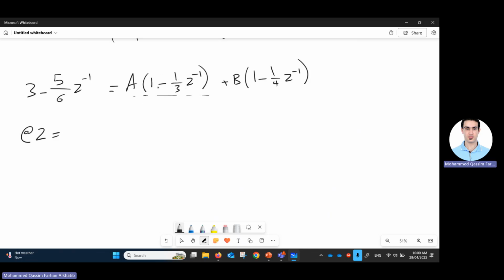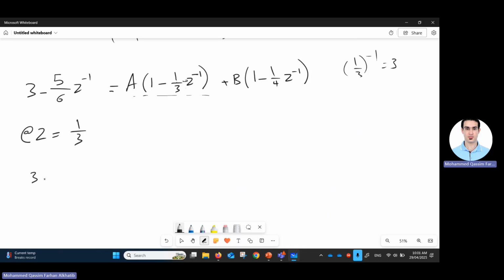Okay, so let's assume 3. 1 minus 1 over 3 times 3 to the negative 1, which is 1 over 3. 1 minus 1 over 3 times 1 over 3, so that's 1 over 9. So 3 is not the correct choice. See, when you see a negative power, immediately z is going to be that same value there. So set z equal to 1 over 3. Why? Because 1 over 3 to the negative 1 equals 3. 3 times 1 over 3 is 1. 1 minus 1, 0. So I will have A at z equal 1 over 3.